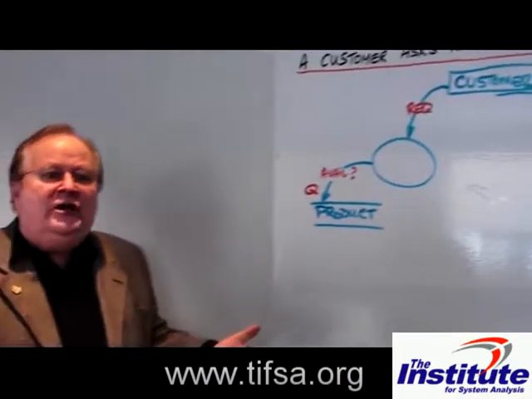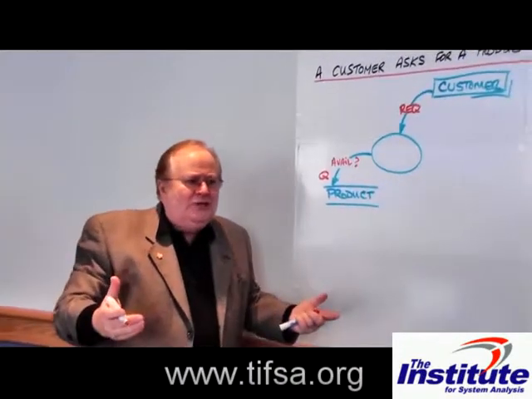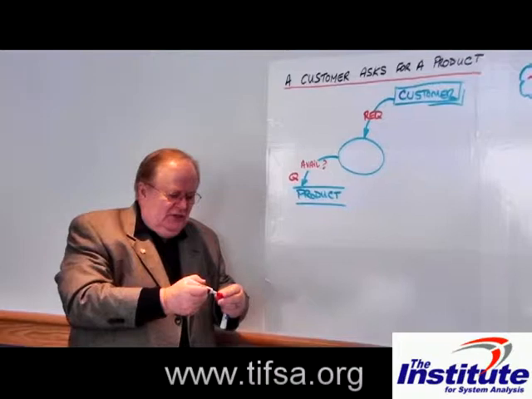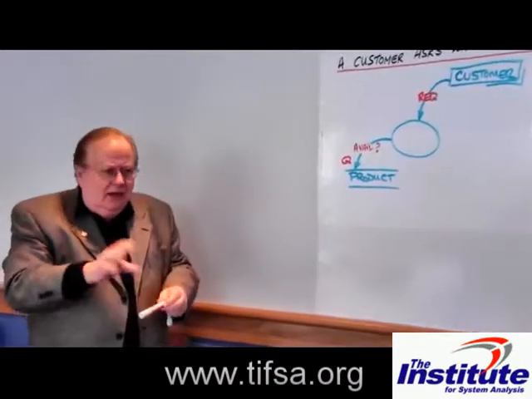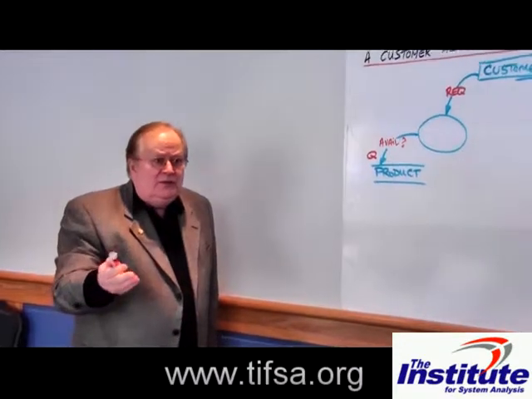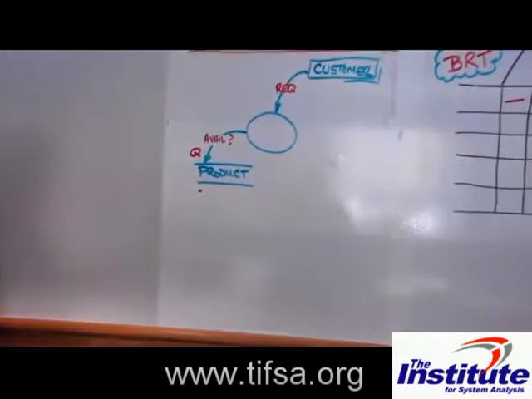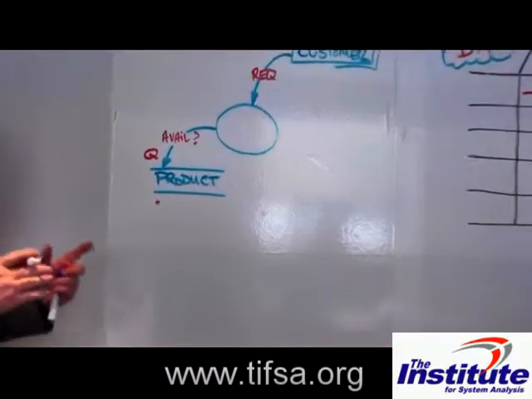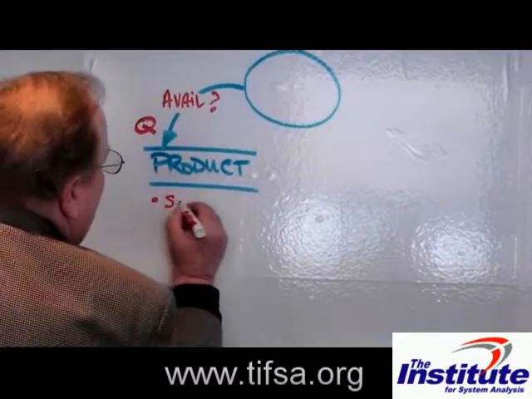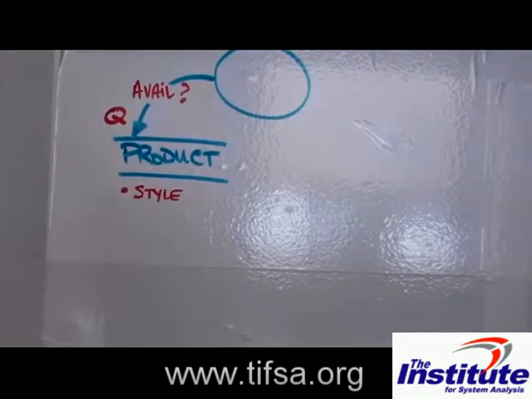Well, what are we actually looking for? We're looking for lime green loafer size 13. So what information is contained in lime green loafer size 13? Well, the style is one of the things that we're looking for. So one of the data attributes I have to have in terms of my information about the product is style. Loafers, right?